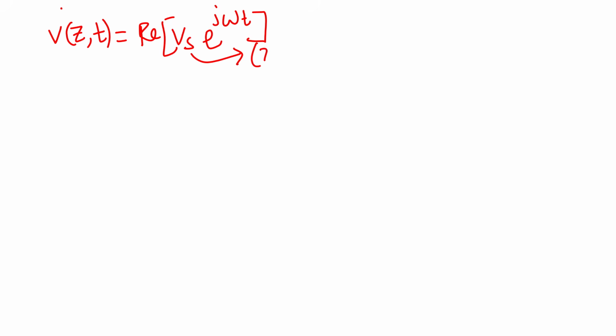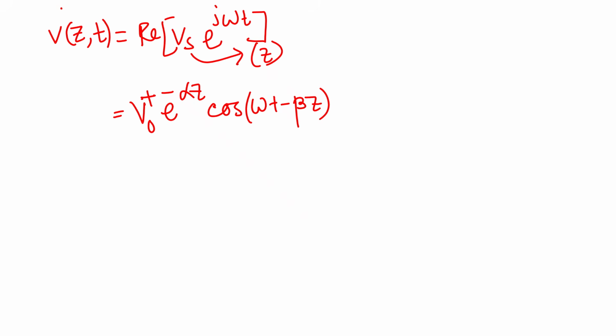So now our instantaneous voltage V(z,t) can be obtained as the real part of Vs into e to the power j omega t, where Vs is a function of z. Ultimately we get V naught plus e to the power minus alpha z cos(omega t minus beta z), where alpha is the attenuation constant and beta is the phase constant, plus V naught minus e to the power plus alpha z cos(omega t minus beta z).